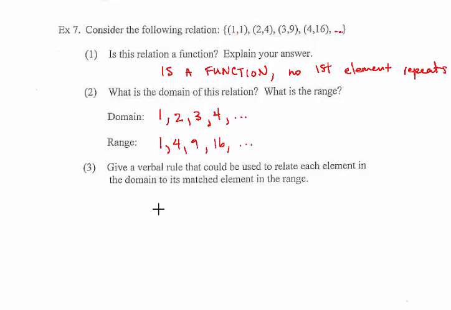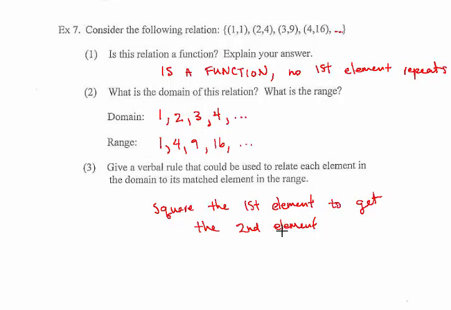And if you look at the numbers closely, you'll probably realize that the rule is to square the first element to get the second element, or that is to say, to multiply the first element by itself.